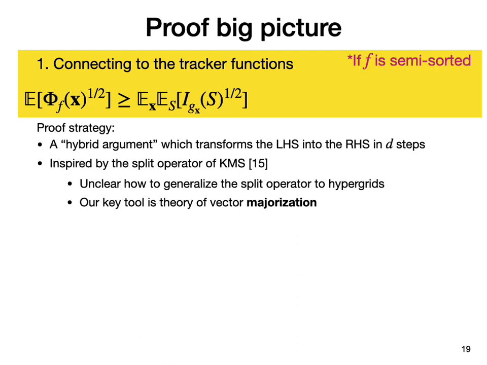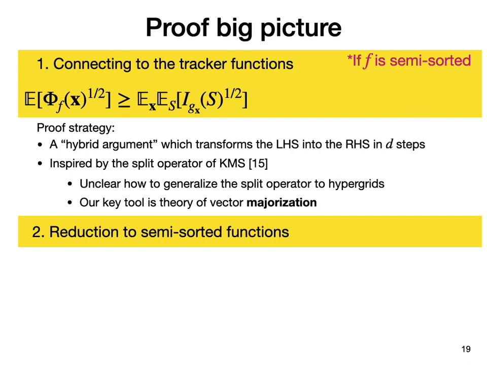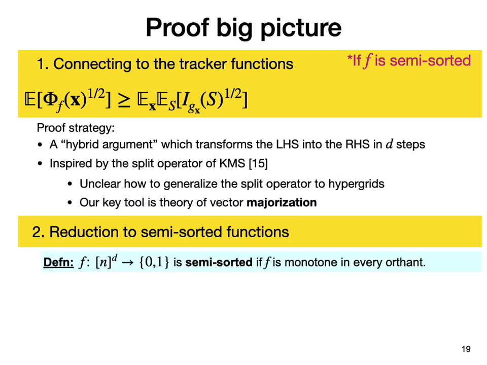Now one thing I haven't mentioned is that we don't know how to prove this inequality in general. We only know how to prove it for a very nice class of functions, which we call semi-sorted functions. The second ingredient is a reduction to this class of functions. So what is a semi-sorted function? We define a semi-sorted function to be a function which is monotone in every orthant.